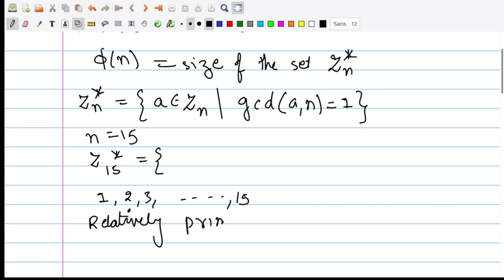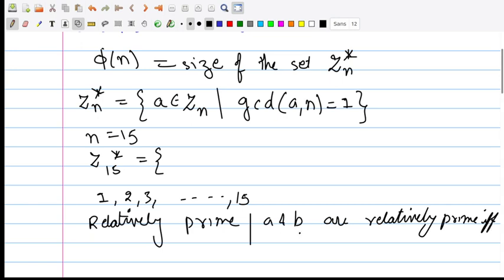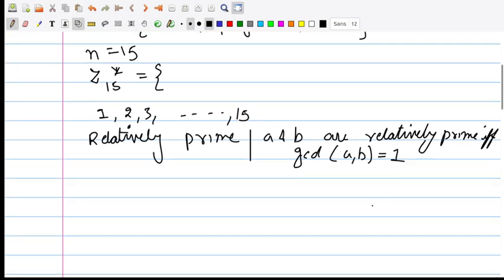A and B are relatively prime if and only if GCD of A and B is 1. GCD is the greatest common divisor. Between A and B, the greatest common divisor is 1. There is no other divisor there. Such numbers are relatively prime to each other.